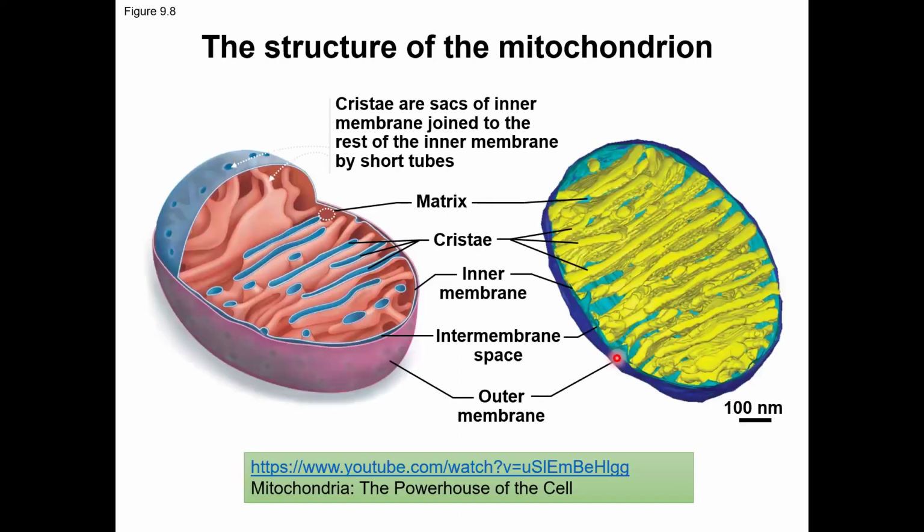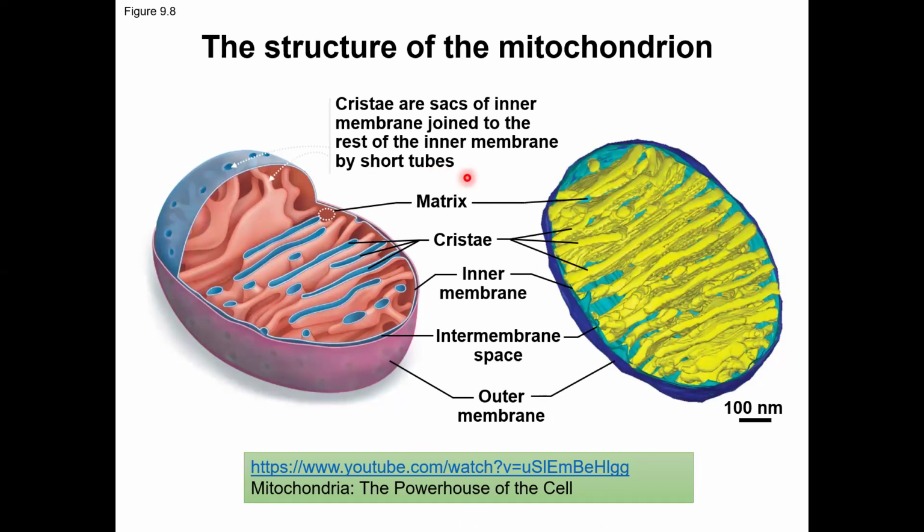So now that we've talked about that, we're going to talk about where this actually occurs. The mitochondria is known to most people as the powerhouse of the cell. If you want more in-depth detail about the mitochondria, you can check out this video.